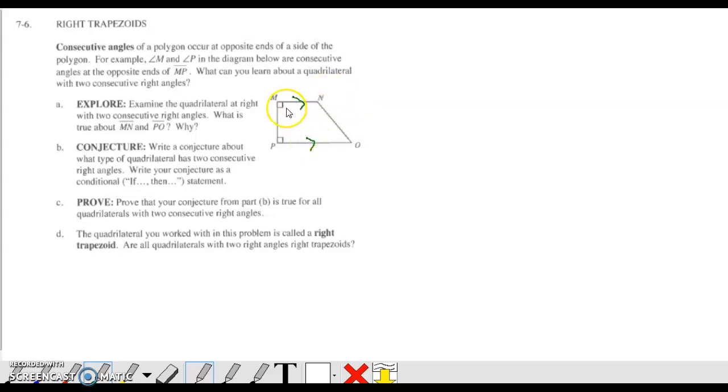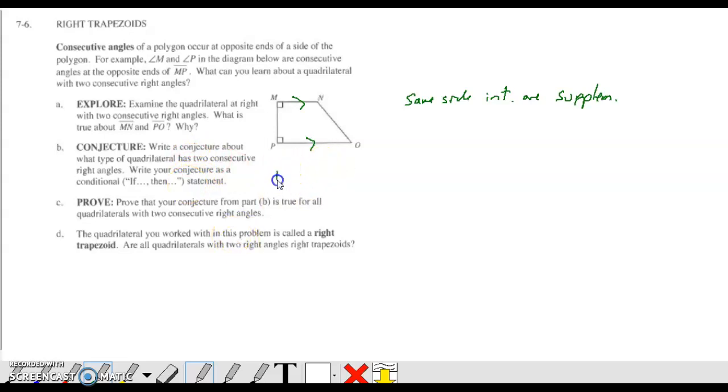Why are they parallel to each other? Because the same side interior angles are supplementary. Because again, 90 plus 90 gives us 180 degrees. So it's an if-then statement: if this happens, then this would happen.